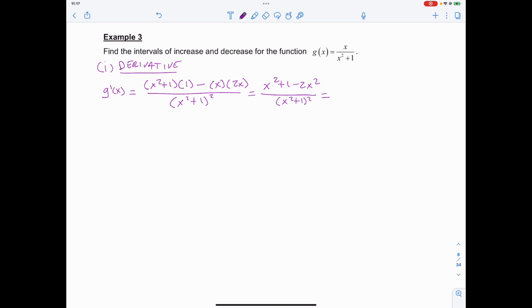We're going to combine the like terms on the numerator. And then we're going to factor that numerator using a difference of squares.